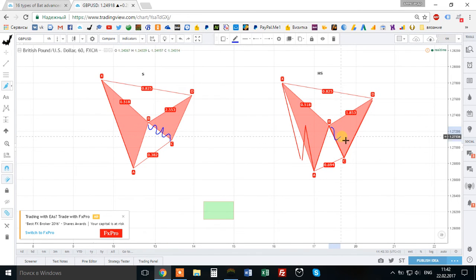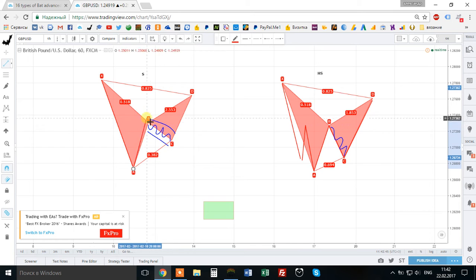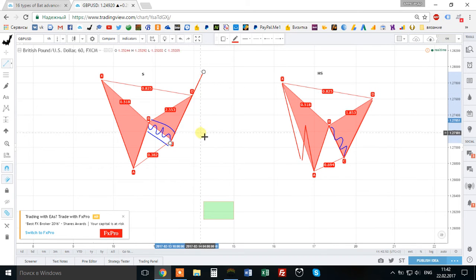Or we don't have any flag. So if this is straight, or we have that looking like a flag. If this is a flag, this is a continuation pattern, and when it is broken, it typically goes higher, and we may not have that reversal we are looking at.